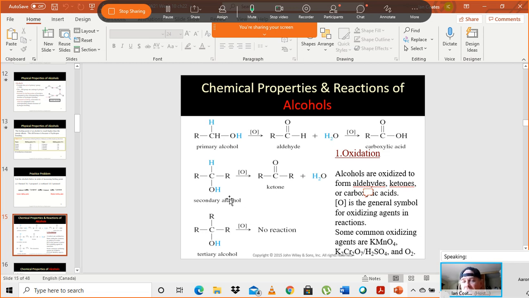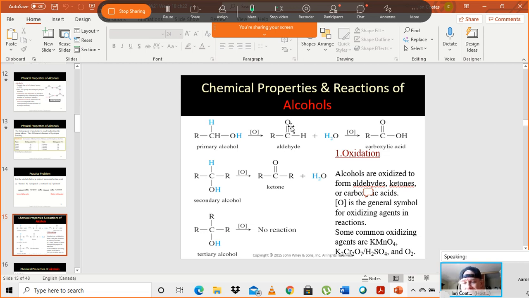Secondary alcohols, okay, these are carbons that are attached to 2 other carbons. They can only be oxidized 1 step. And hopefully you've noticed that with these carbonyl groups, aldehydes and ketones are the same thing.